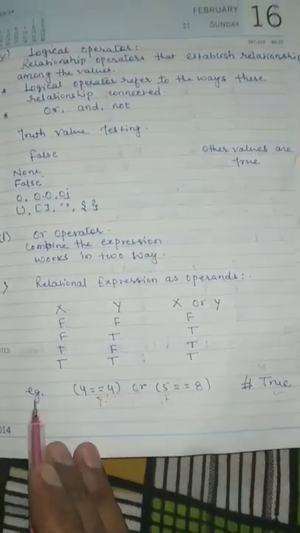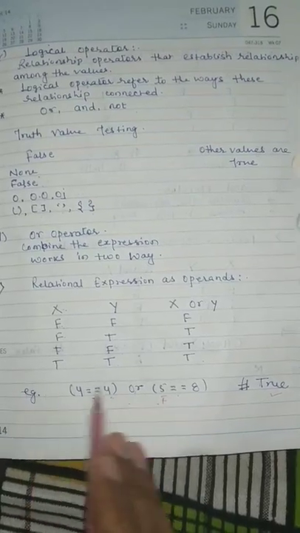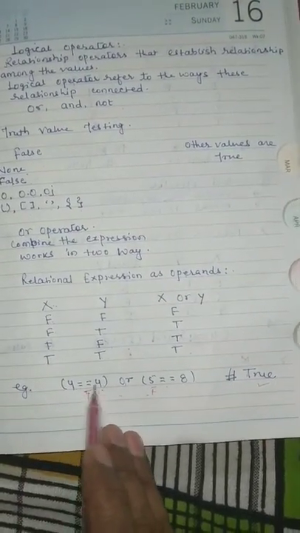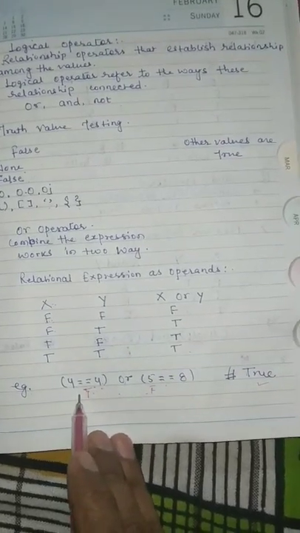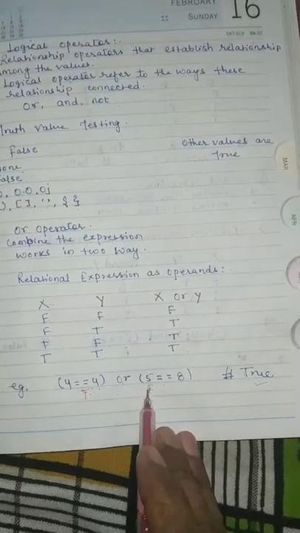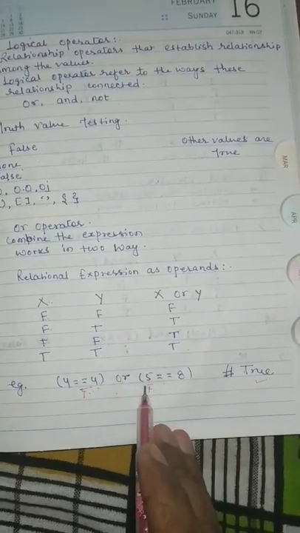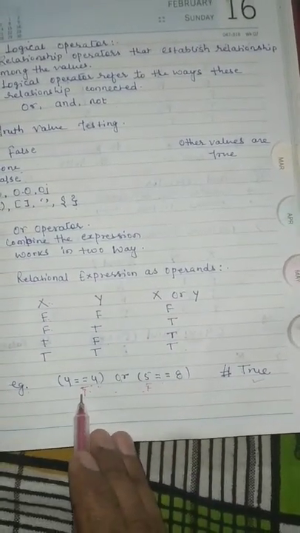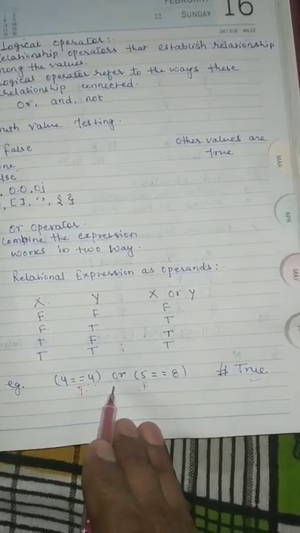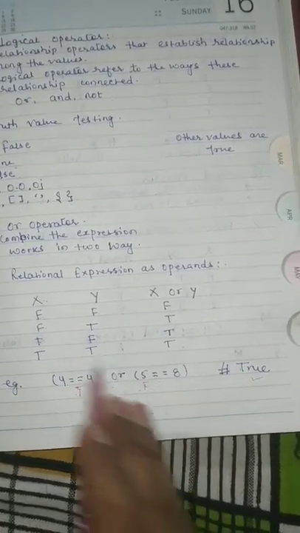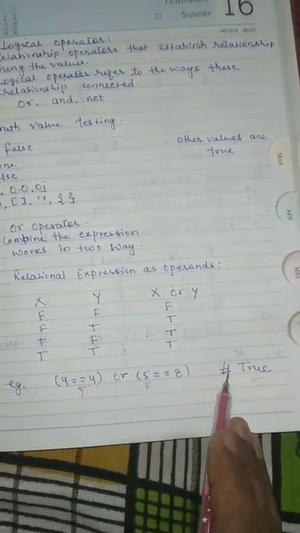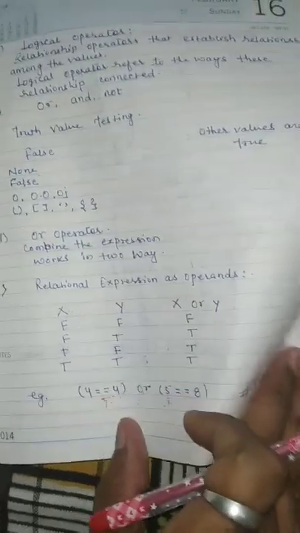Here is one example: 4 equal to 4 is true, or 5 equal to 8 is false, because 5 is not equal to 8. True with false using the or operator, the output will be true.